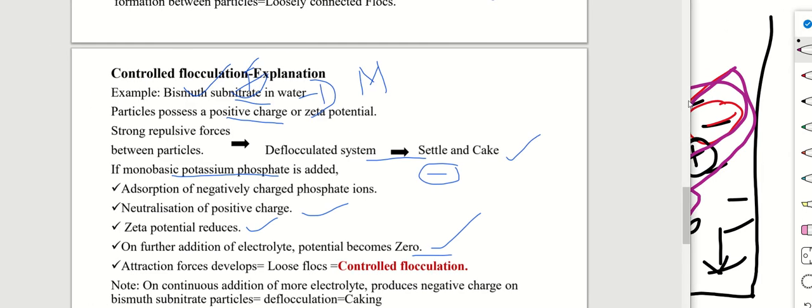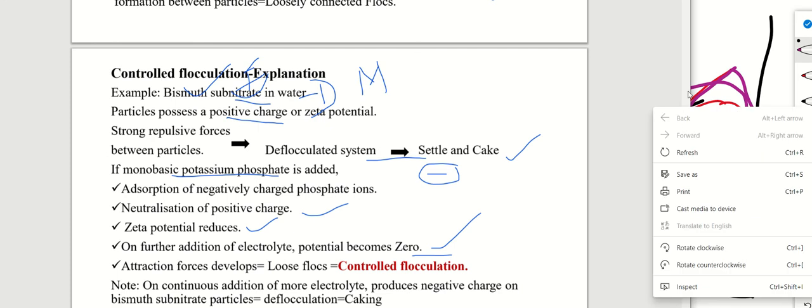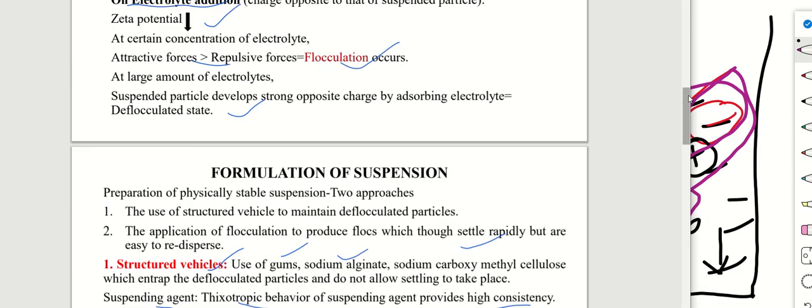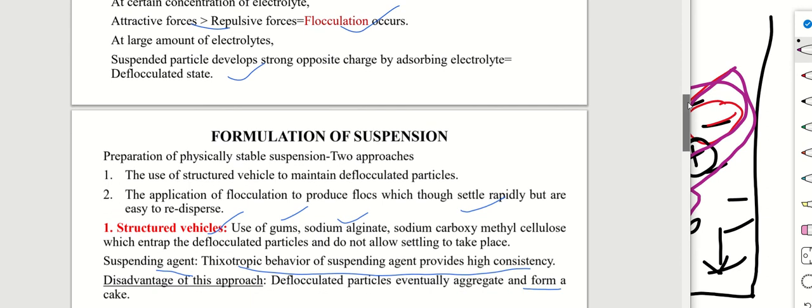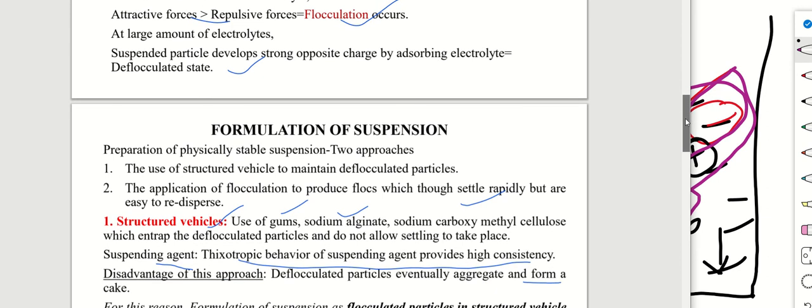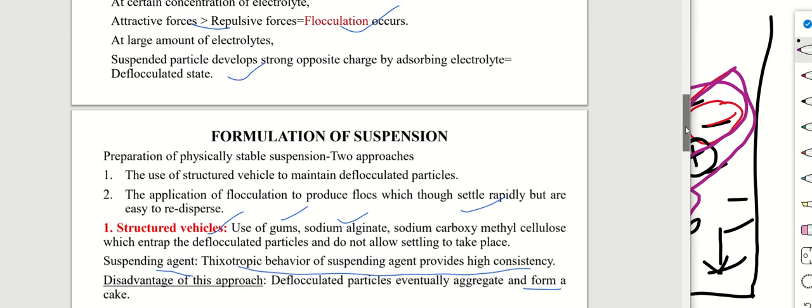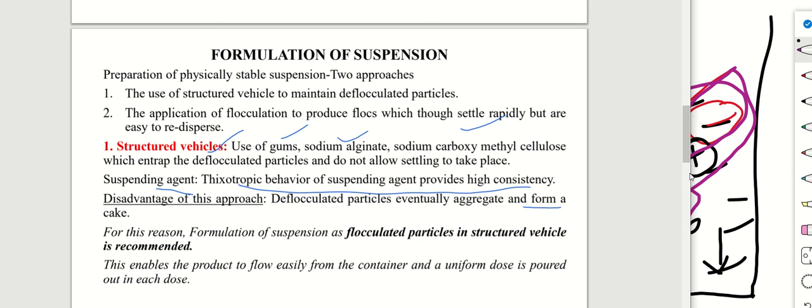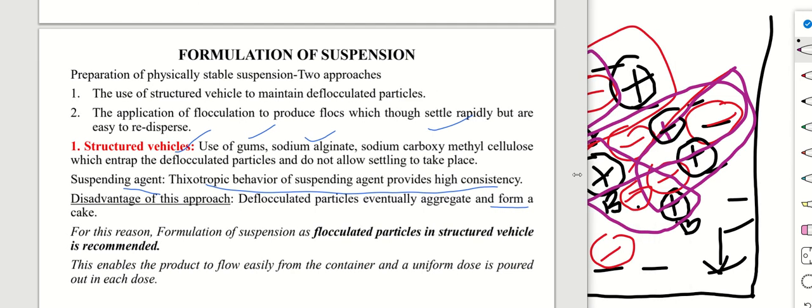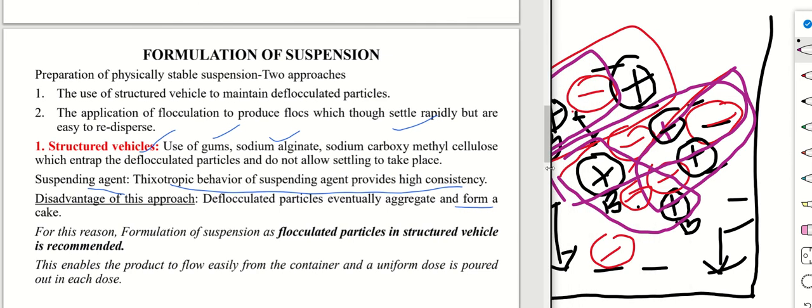This is called flocculation. Now, the concentration of the electrolyte also plays a major role, as we have discussed. It should be optimum.